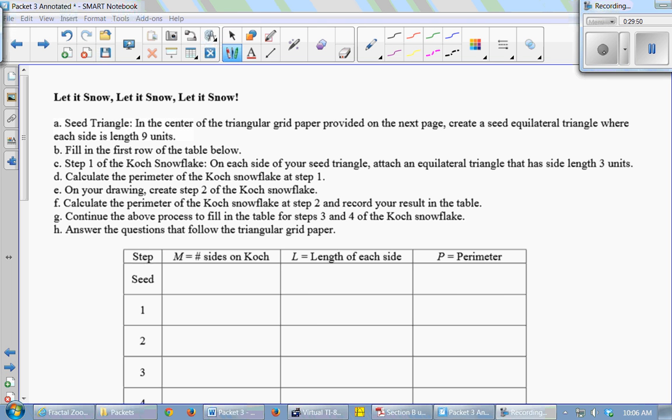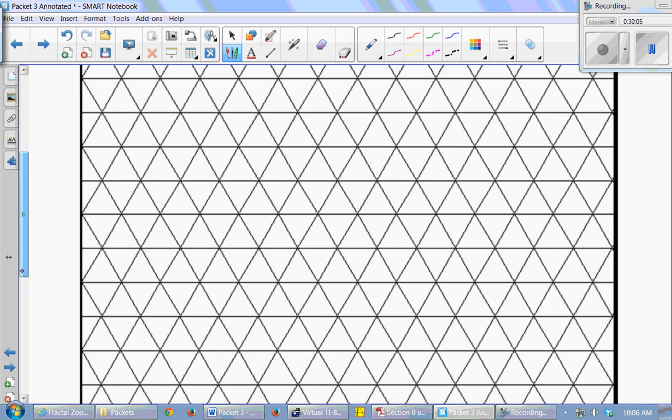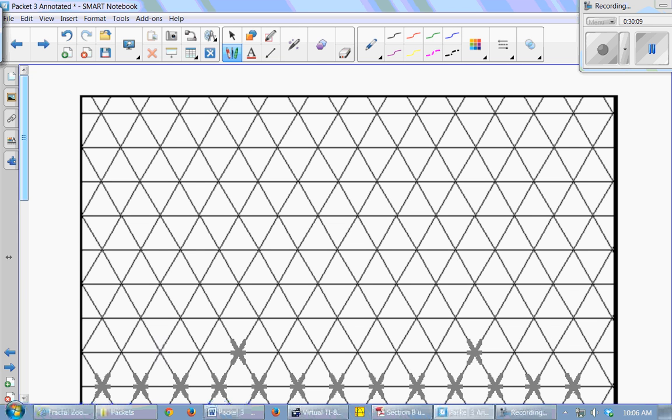All right, so let me just walk you through the first few steps and then I'll let you finish on your own, okay? So on the triangular grid paper that you have on the next page, you're going to create a seed equilateral triangle where each side is 9 units. I should make this smaller so I can fit it all on one page.